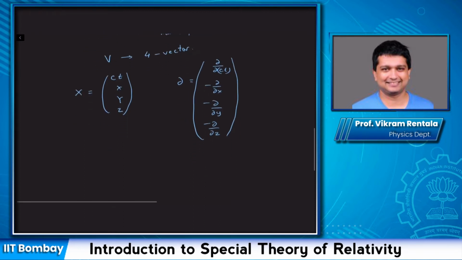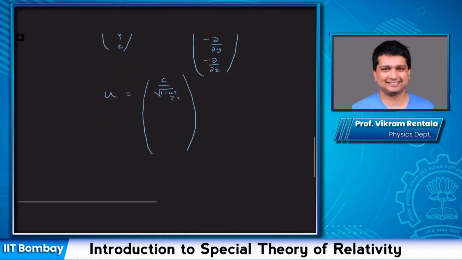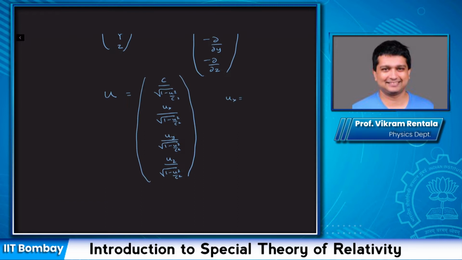And we could also derive the transformation law for u, which was c, and then ux over square root of 1 minus u squared by c squared, uy over square root of 1 minus u squared by c squared, and uz over square root of 1 minus u squared over c squared, where ux is the change in the x coordinate in frame S per unit time interval in the frame S, and so on.